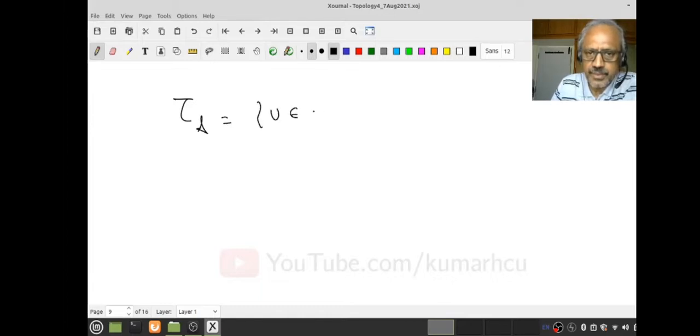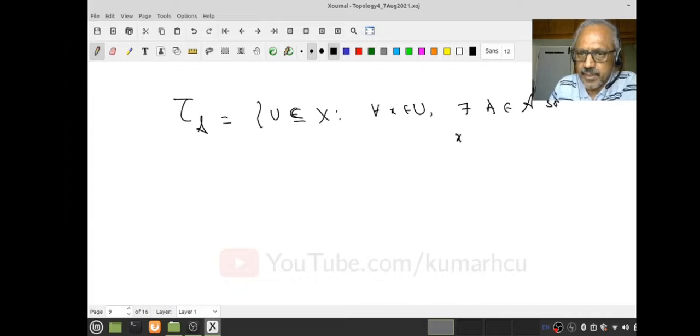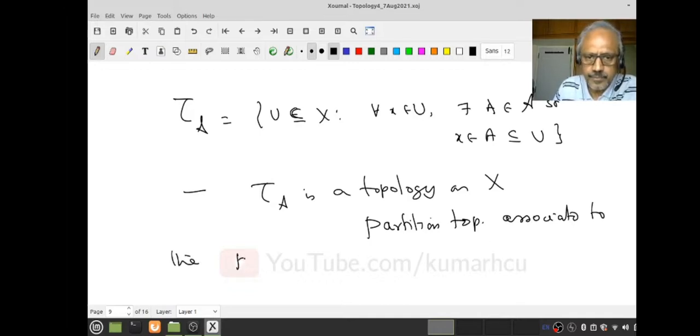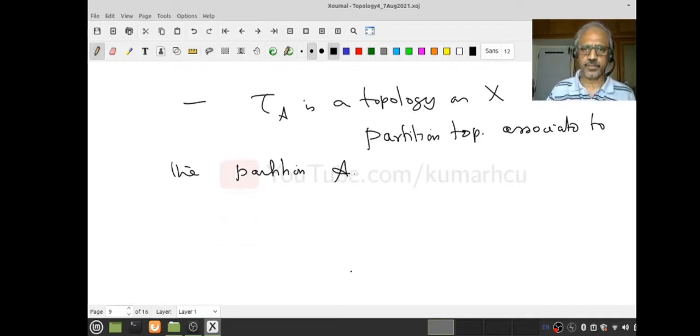It is the set of all U, subsets of X, so that for all x in U there exists A in script A so that x belongs to A and A is contained in U. Then, proceeding as earlier, tau A is a topology on X called the partition topology associated to the partition. If you change the partition, the topology may also change, right?